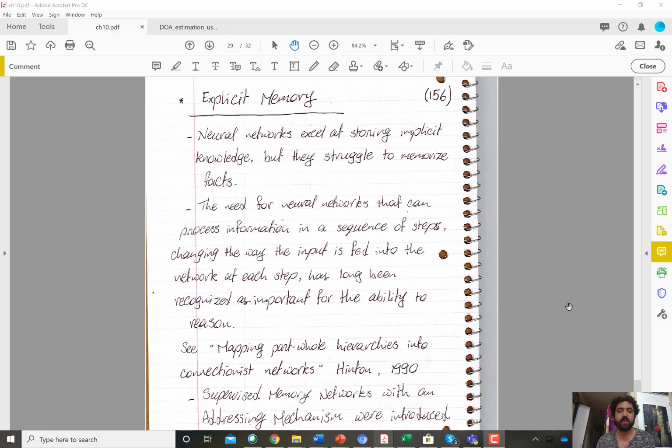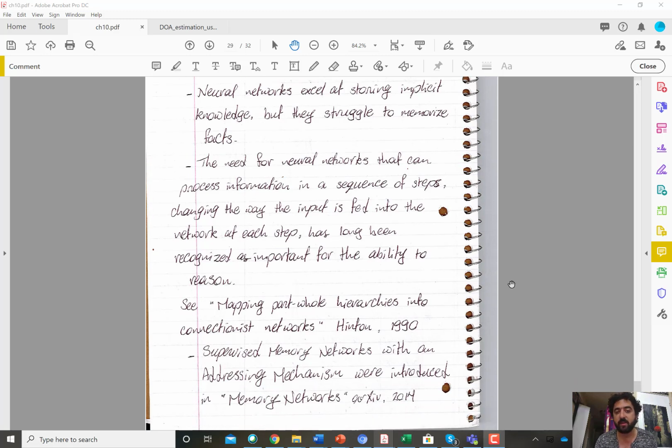Maybe the input can be processed or affect only a small part of the network, right? And that's similar to our attention mechanisms, right? So when we pay attention to something, we recall the relevant memories, and then we update these relevant memories based on what's happening right now, right? So that's the second thing that memory can enable, right?